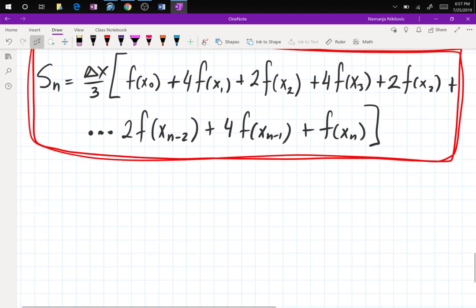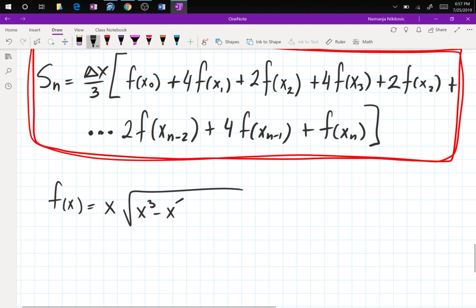All right, what is our function? Our favorite function, sponsored by you guys, is f of x equals x square root of x cubed minus x squared, plus 2.